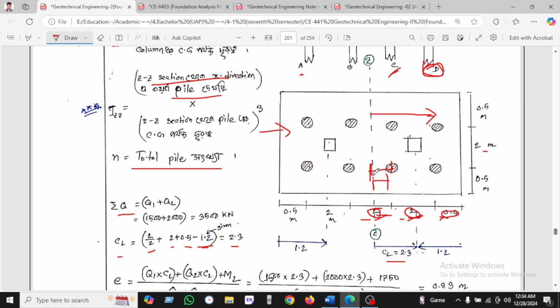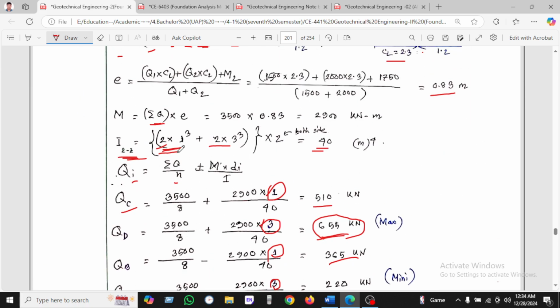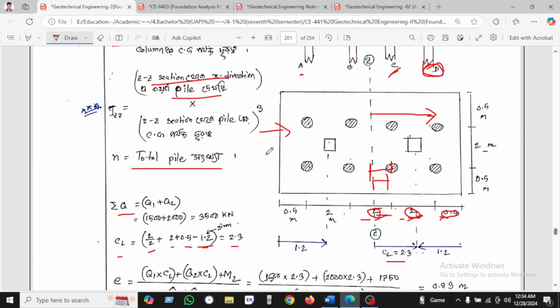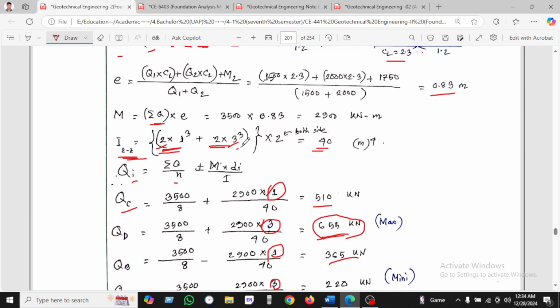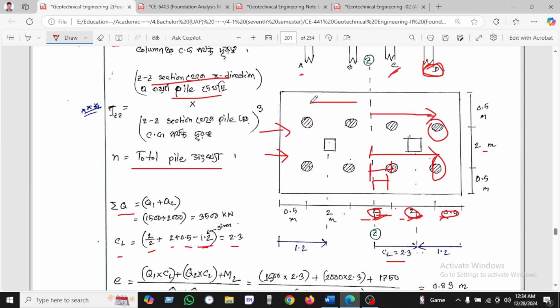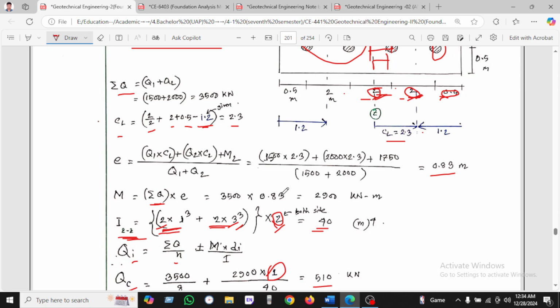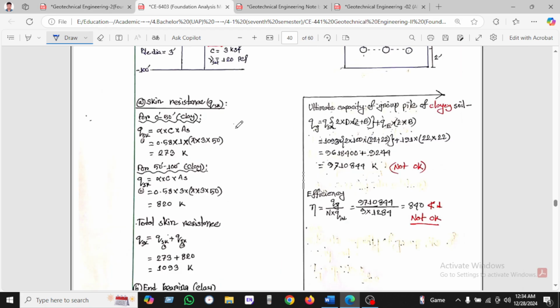So distance of that pile is 1, so that's why 1 cube. And in the same way we can see how many piles seen in the x direction is 2, and distance from CG to here we can see 2 into 2 by 2 is 3. That's why we will use this 3, and we are multiplying 2. Why? Because this left portion is the same as the right portion. That's why we will multiply into 2. So I hope that you can understand.